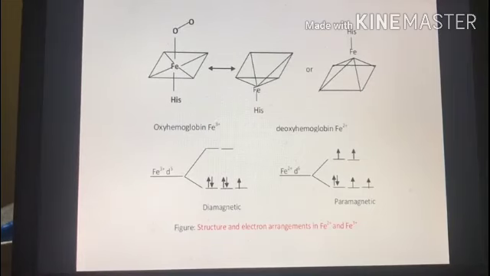Thus, in deoxyhemoglobin, the Fe2+ is too large to fit in the hole or the center of the porphyrin, and hence it is situated 0.7 to 0.8 angstrom unit above the ring, thus distorting the bonds around the iron. Thus, presence of dioxygen changes the electronic arrangement of Fe2+ and also distorts the shape of the complex.